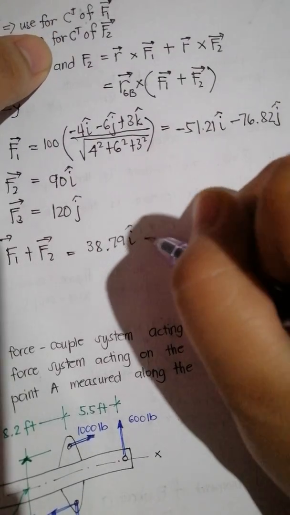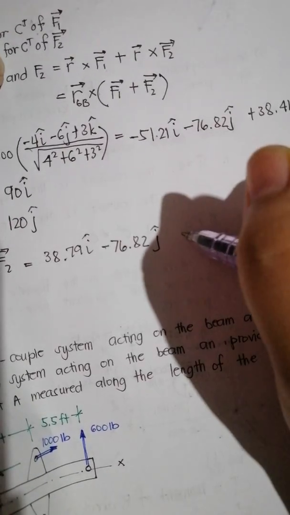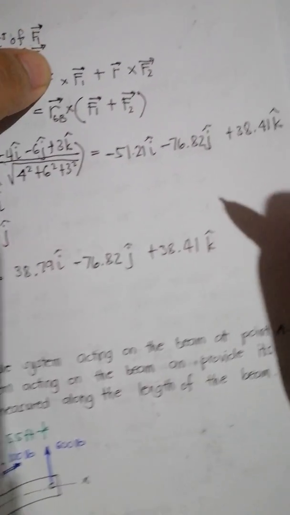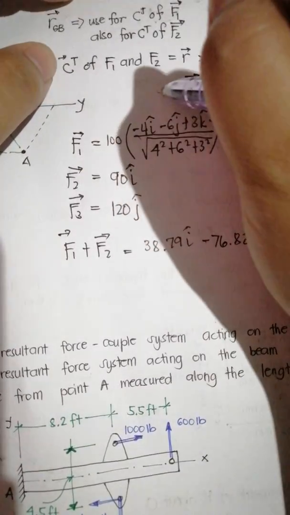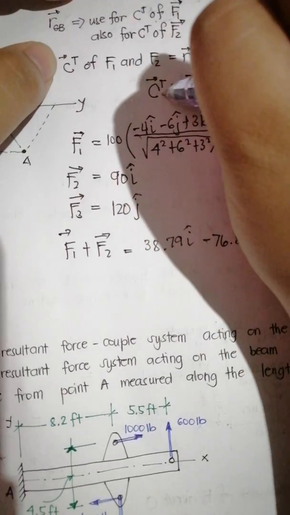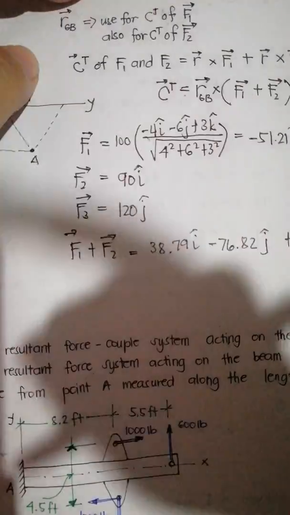Tapos, negative 76.82 j hat plus 38.41 k hat. Yan. We will be using this for their couple of transfer. Ito na yung total couple of transfer ng dalawa. This is already the couple of transfer of force 1 and force 2.